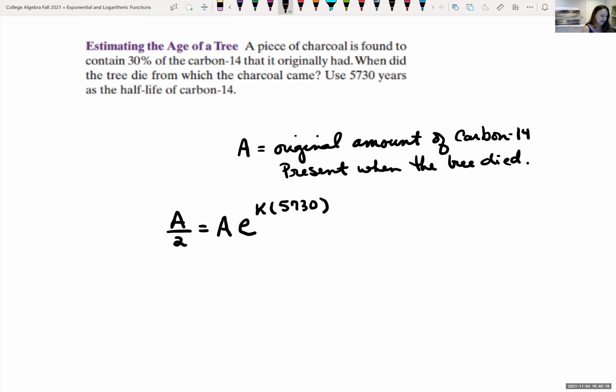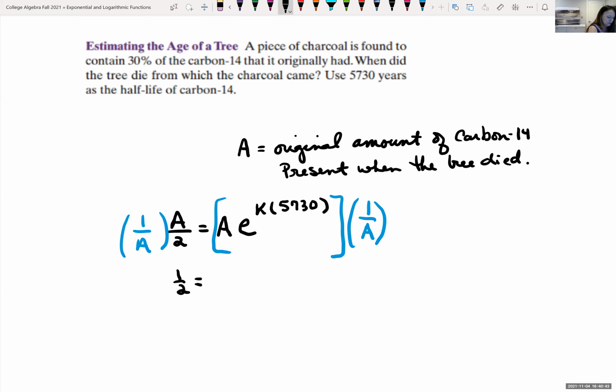So if we get e by itself and divide both sides by A, I'm going to think of it actually as multiplying both sides by the reciprocal, so I don't have to deal with the complex fraction. So let's multiply both sides by 1 over A. Notice that 1 over A times A over 2, the A's cancel, and we're just left with 1/2 is equal to e raised to the 5,730k.